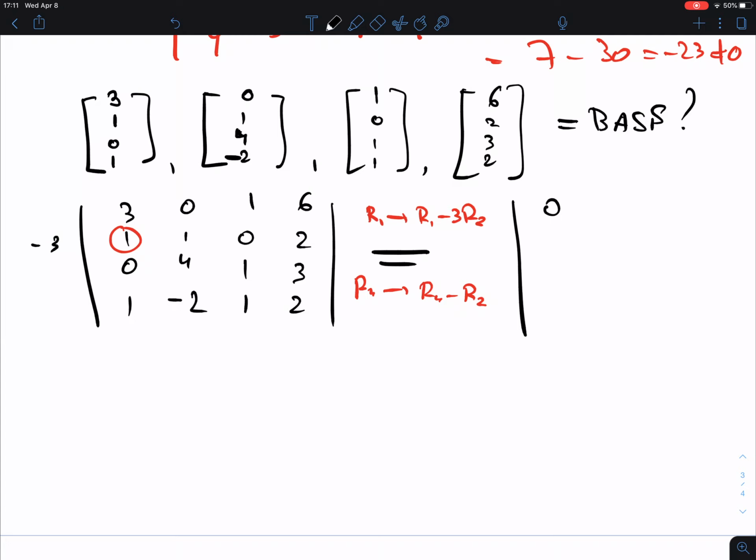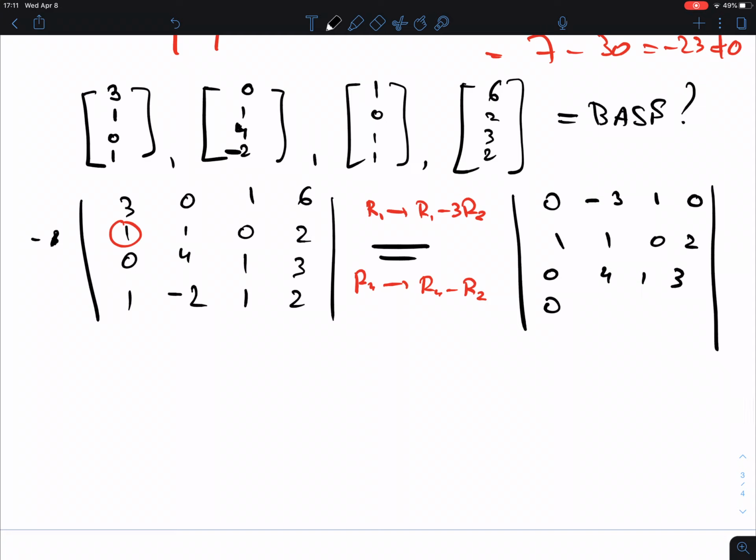I get 0, negative 3, 1, 0, 1, 1, 1, 0, 2, 0, 4, 1, 3, nothing changes there. And now I multiply this with negative 1 and add up. So that is a 0 there, that's a negative 3 here, that's a 1, and that's a 0 there. Okay, right? We have our column that we can use.